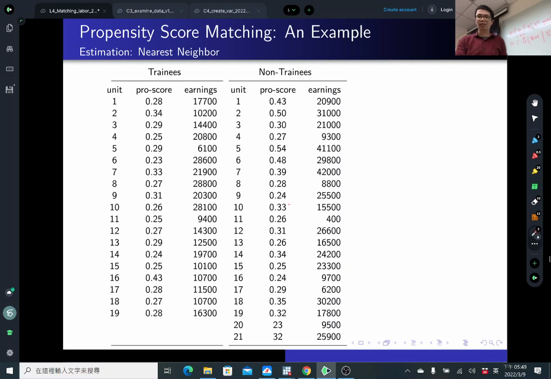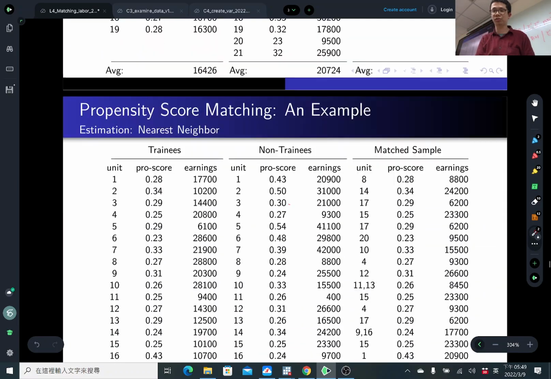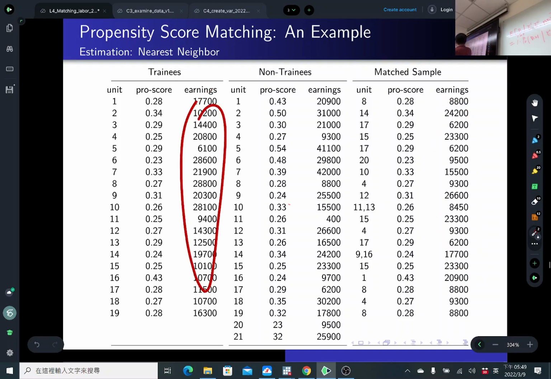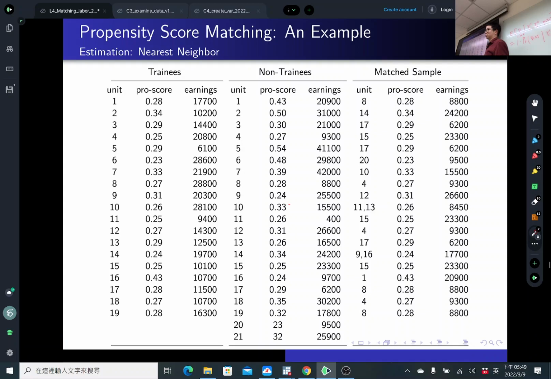So for every individual in the treatment group, you can construct a matched sample with the same propensity score. Then you do the same thing: calculate the average earnings of the matched sample and the treatment group, and you get a causal effect.